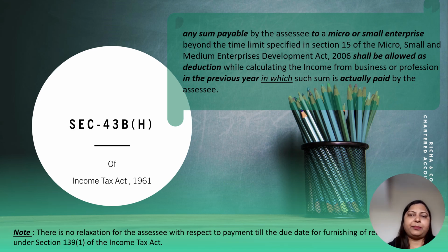So if any sum has been paid by the assessee after the time limit specified in section 15 of the MSME Act 2006 has expired, it shall be allowed as deduction while calculating the income from business and profession in the previous year in which it is actually paid.